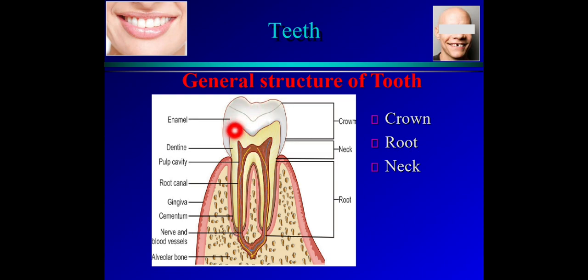The junction between the crown and the root of the tooth is called the neck. So here is the neck. This visible part of the tooth is called the crown, and this part which is embedded within the alveolar process is called the root. So these are the three different parts of the tooth.